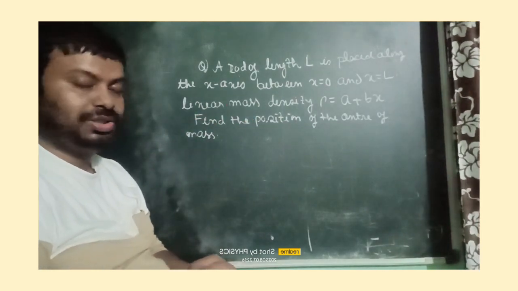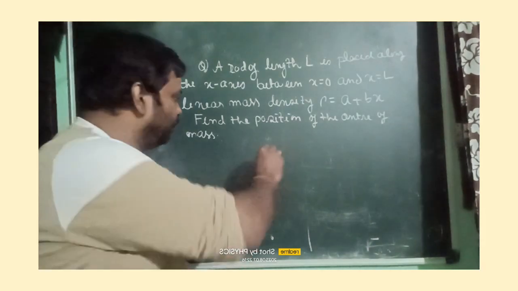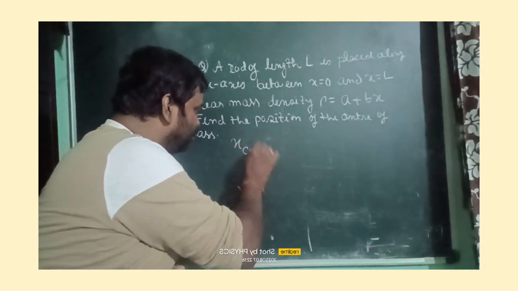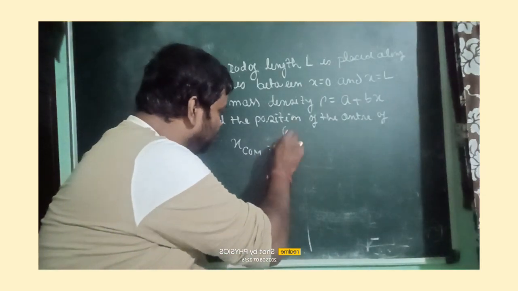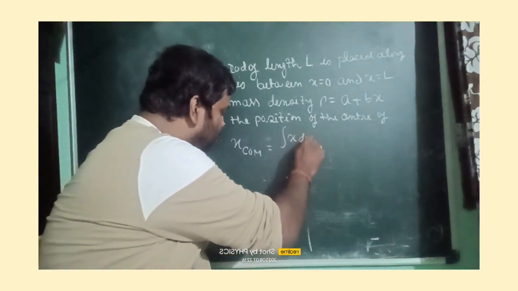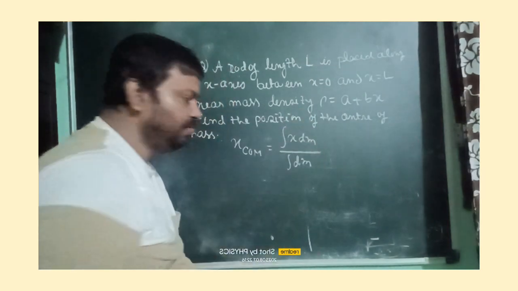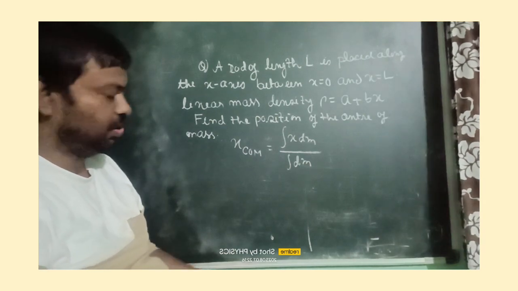Now we use the same formula for that numerical to write xcom, that is the center of mass. xcom is equal to integration x dm by integration of dm. First we have to find the dm, that's the mass of the small part of the rod.